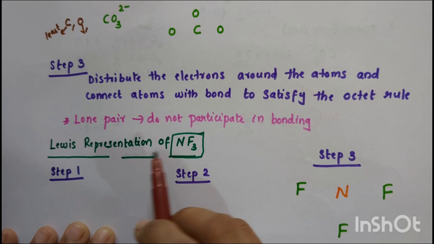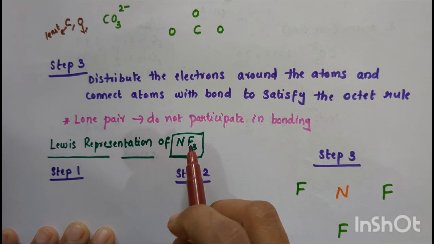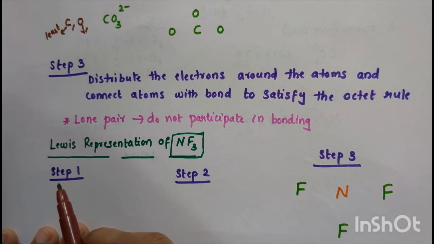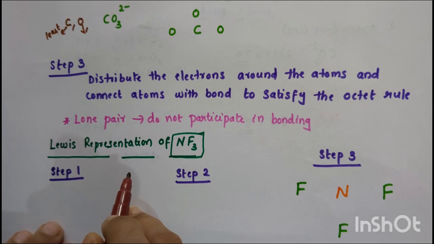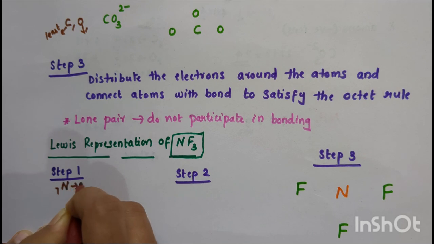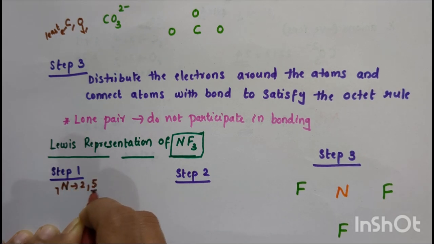To get the Lewis representation of NF3, there are 3 steps to be followed. Step 1, we count the total number of valence electrons available for bonding. In NF3, there is one nitrogen atom, atomic number 7, electronic configuration 2, 5, so 5 valence electrons.